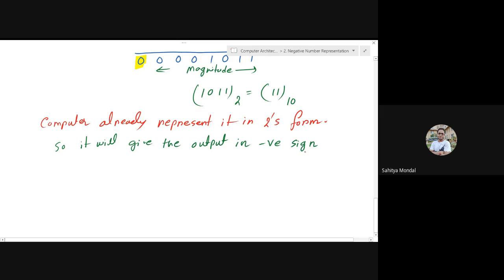So together what do we get? We get magnitude 11 and we get a combined negative sign. So the final output that will be displayed will be minus 11.